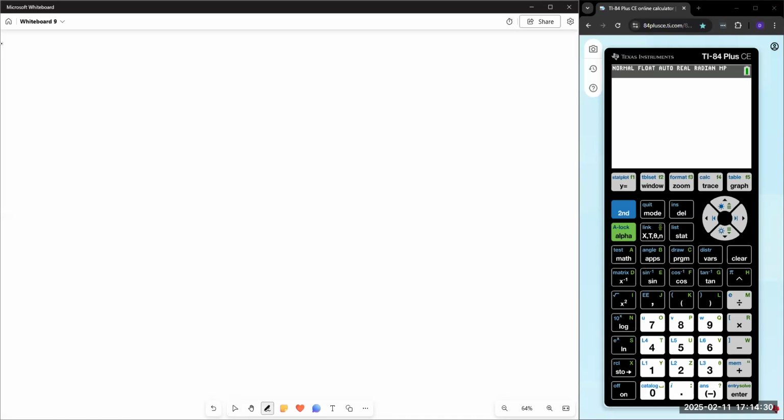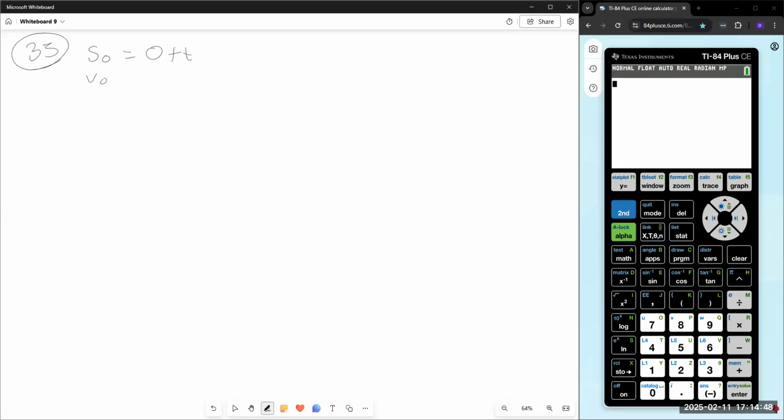Our first problem that we're going to work is number 35, and it asks: a ball is propelled straight upward from the ground level, so initial height s sub 0 is 0 feet.